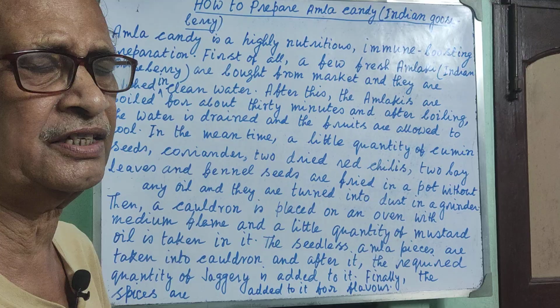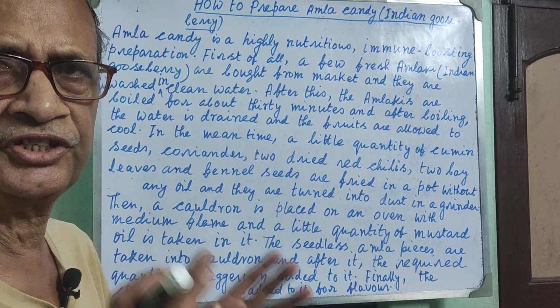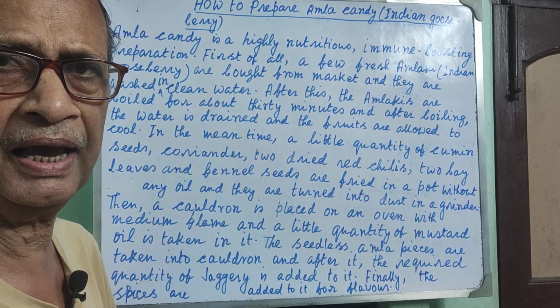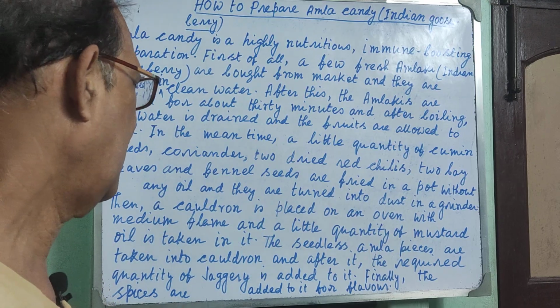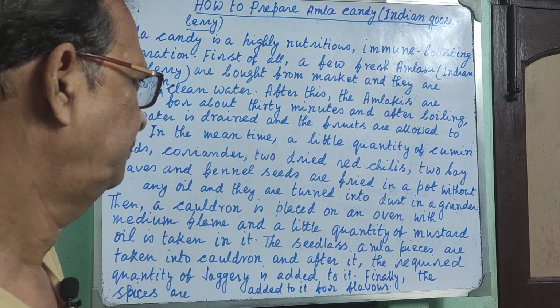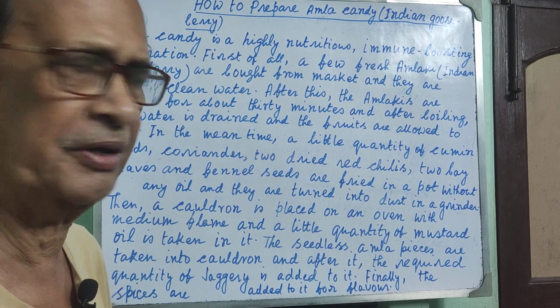All these ingredients like jeera, dhania, bay leaves, red chilies, etc. are ground in a grinder or a mixer.